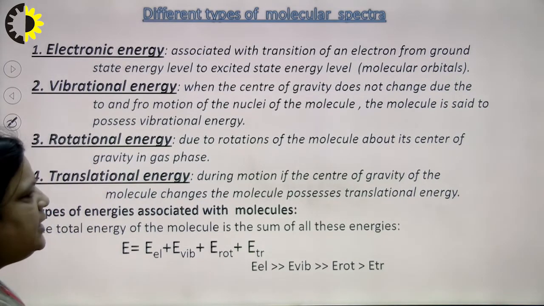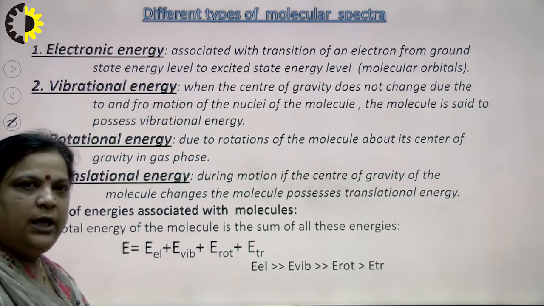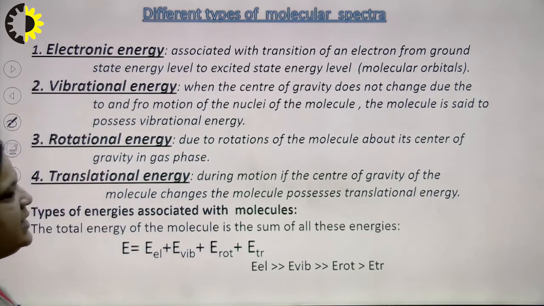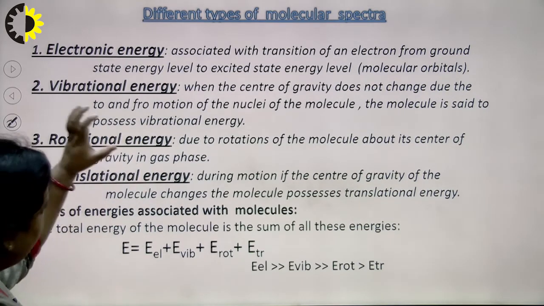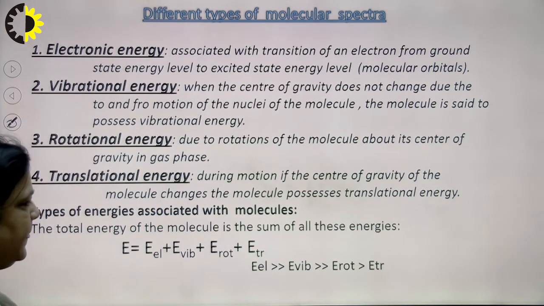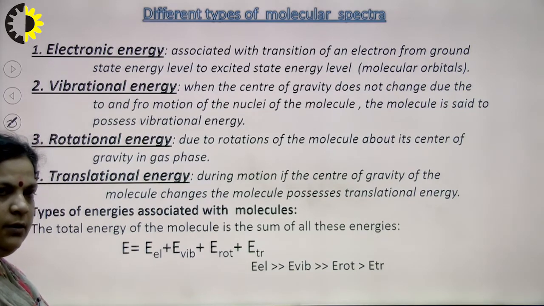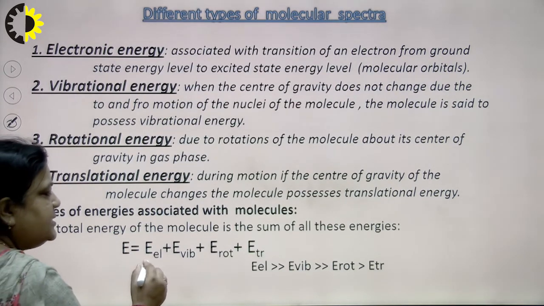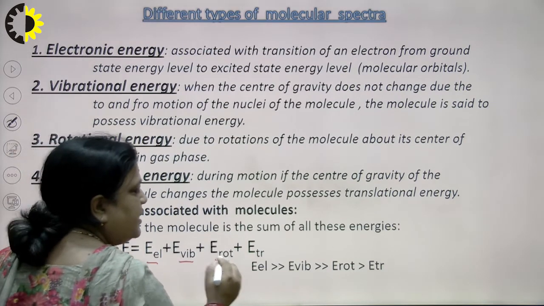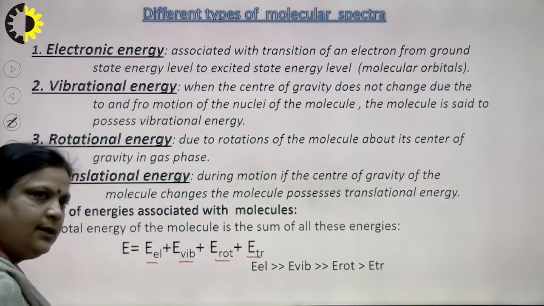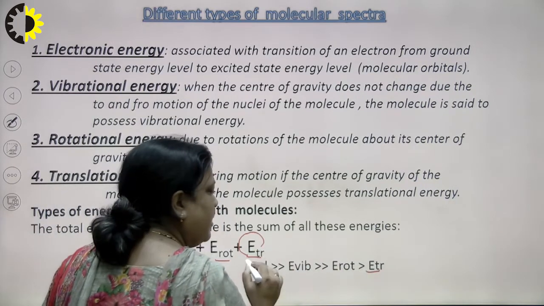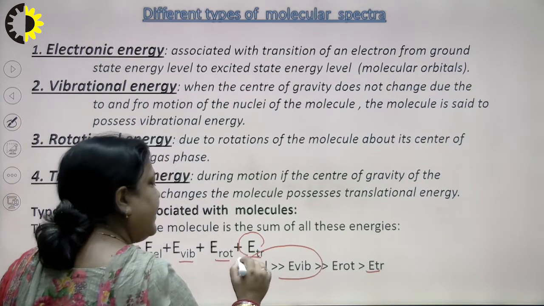Translational energy means that during the motion, if the center of gravity of the molecule changes, then the molecule possesses translational energy. So, the total energy associated with the molecule, E, is equal to electronic plus vibrational plus rotational plus translational energy. Since the translational energy is very small compared to the others, it can be neglected.